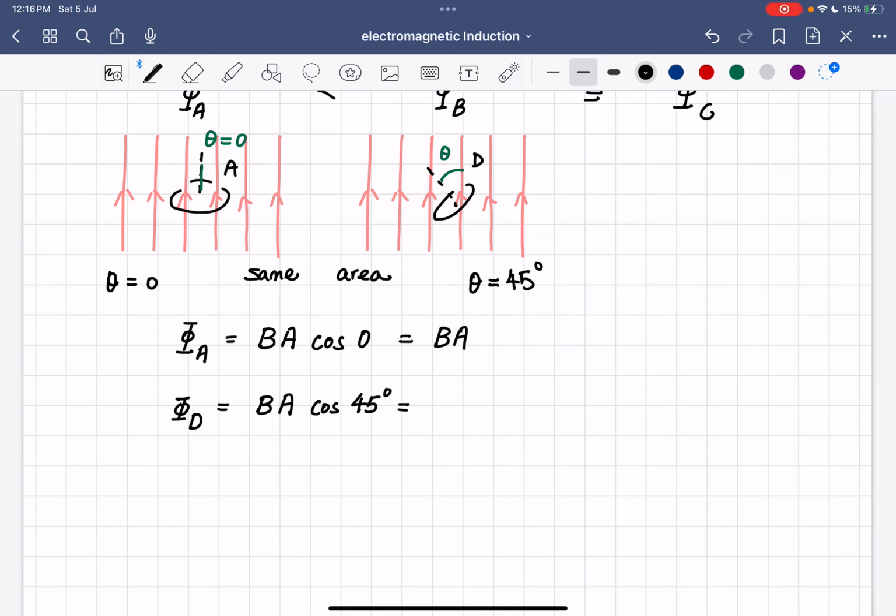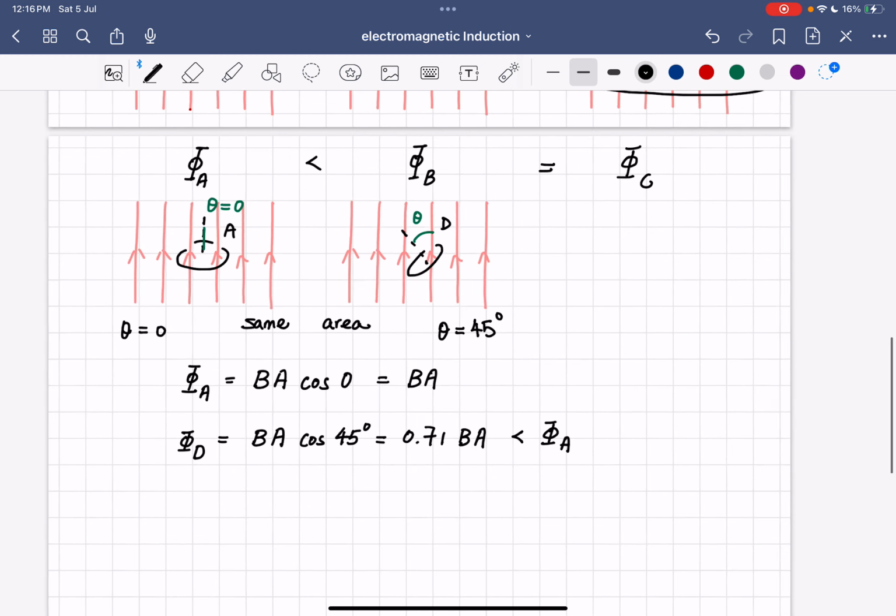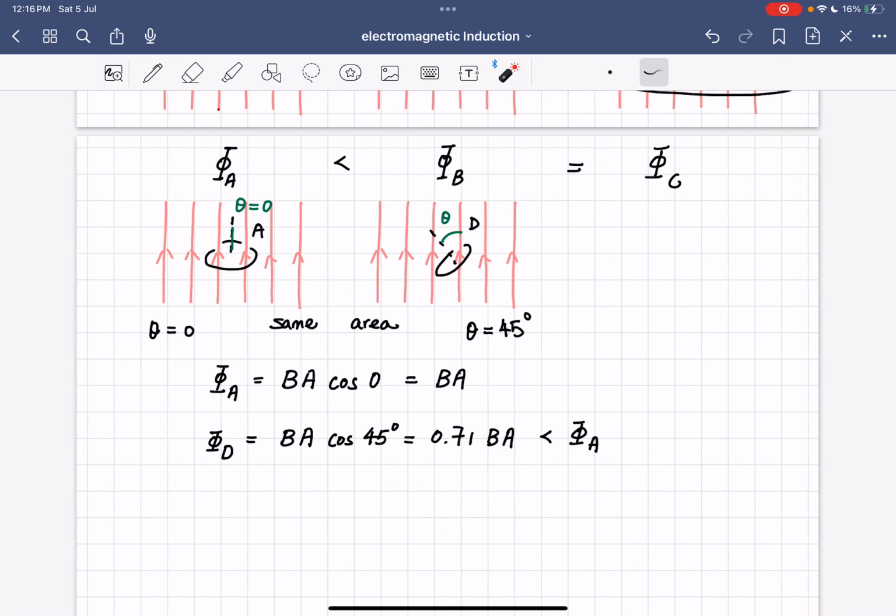So therefore, cosine 45 degrees is around 0.71. So this will be smaller than the magnetic flux at A. Therefore, the magnetic flux in this case will be smaller than the magnetic flux in the other case. According to the mathematics, the reason it is smaller is because there's a cosine theta here.